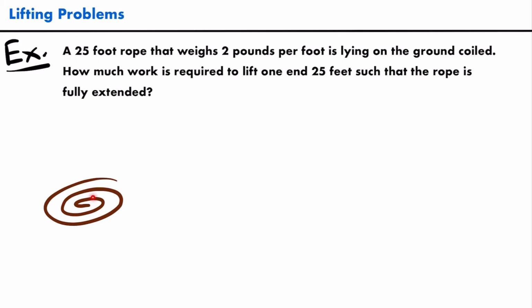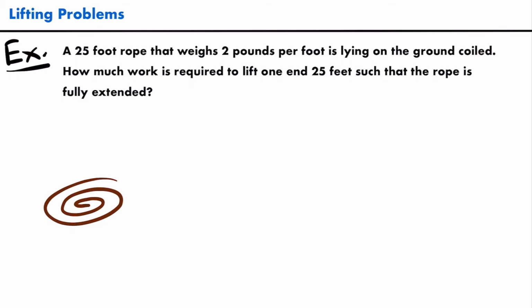When you initially lift up the rope, you're only lifting up a small part, and so that small part only weighs so much. In fact, it's 2 pounds per foot. So as you pick up more and more feet of the rope, as you extend it further up into the air, that rope is going to weigh more. And so because of that, we have a variable force. The weight of the rope is completely dependent on how much of that rope is lifted into the air.